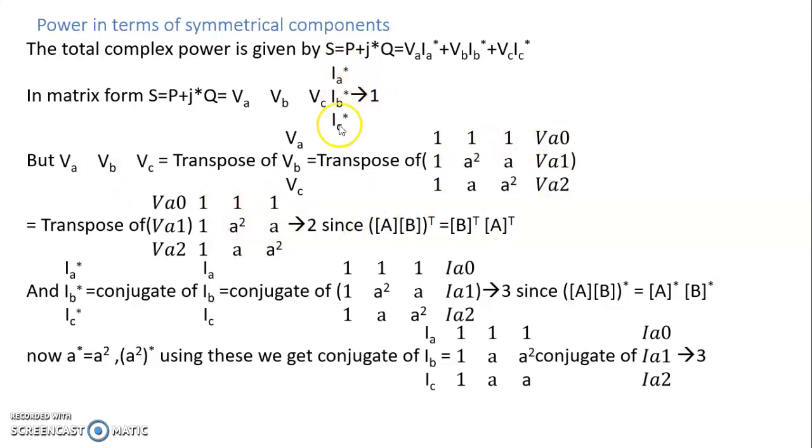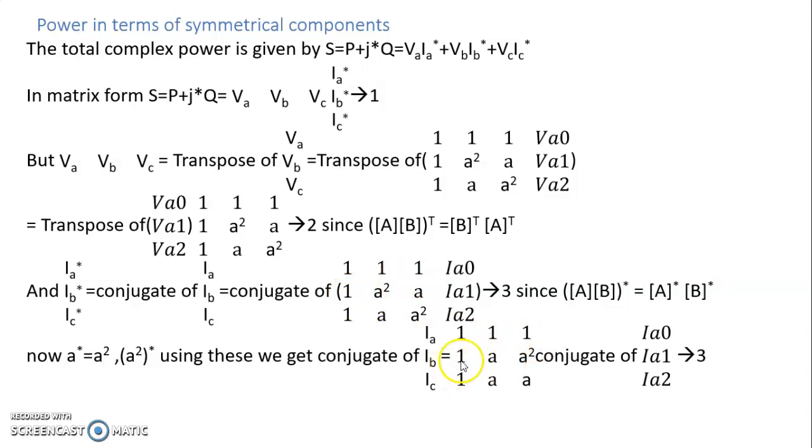Then similarly the one remaining vector is the current, IA, IB, IC. Let me take the conjugate of IA, IB, IC. According to matrix rules, the conjugate of the product of two matrices is the conjugate of A and the conjugate of B. So let me separate them: conjugate of this into conjugate of this. The conjugate of 1, 1, 1 will remain as it is.